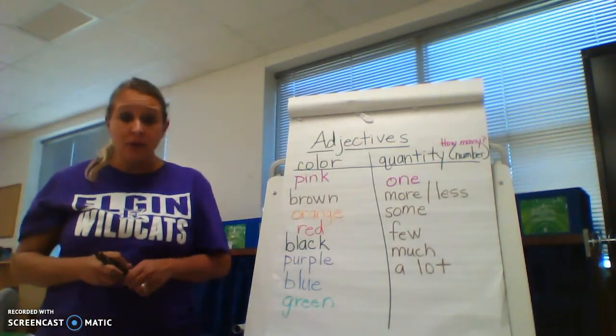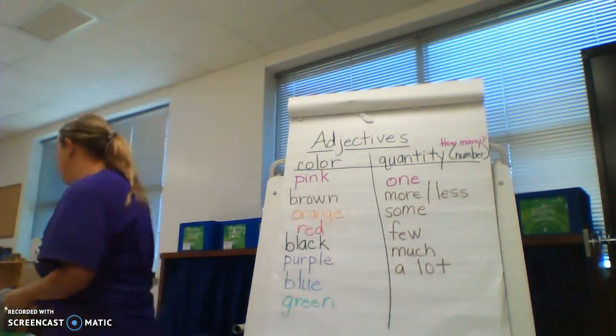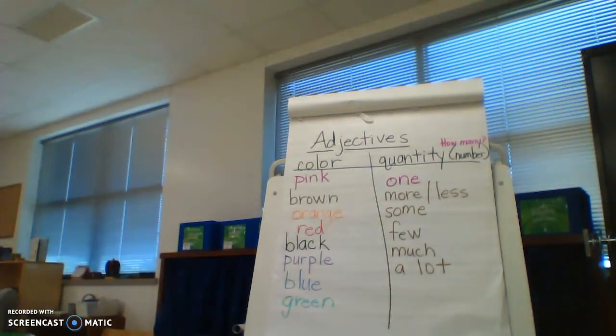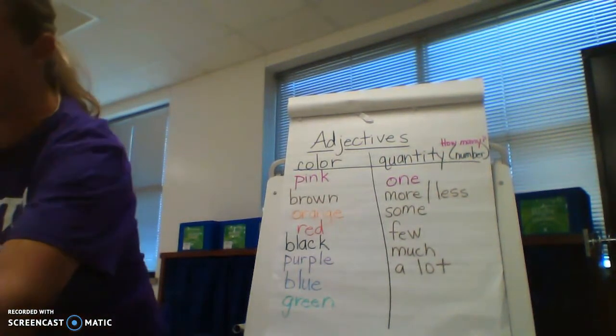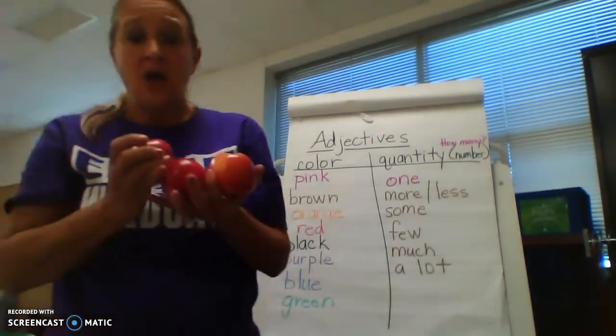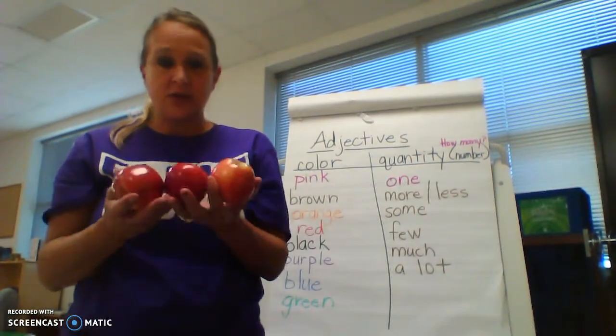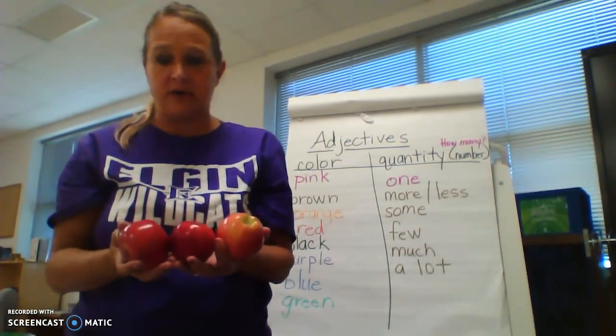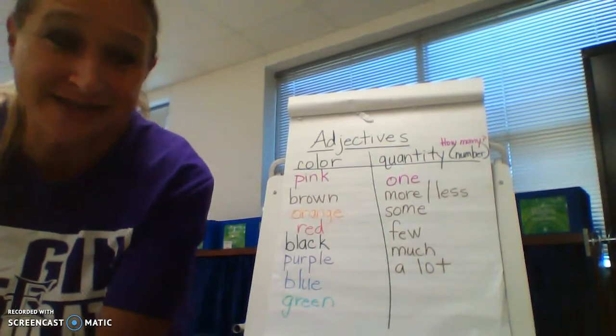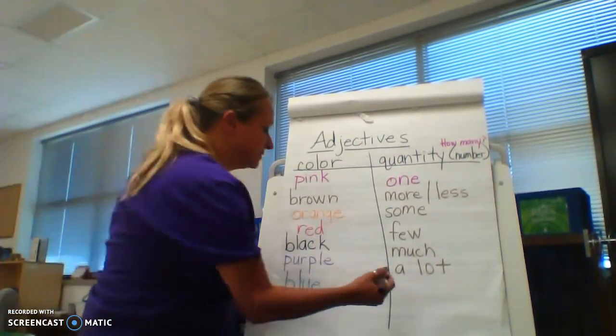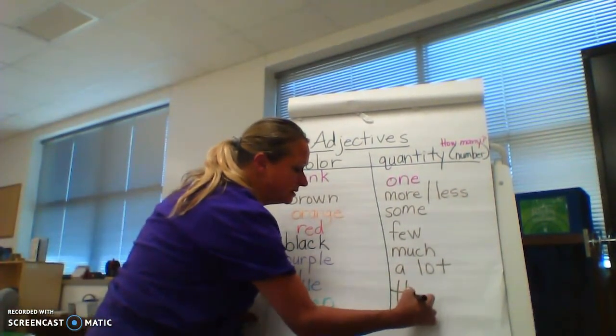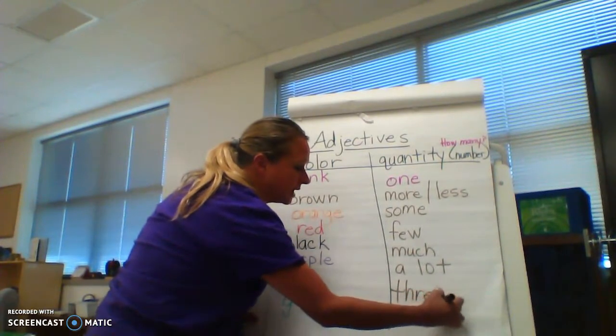So it can be a number, any number. I can have 1 apple or I can have 3 apples. 3 would be my adjective, right? No, I'm not going to juggle those for you. So 3. Okay.